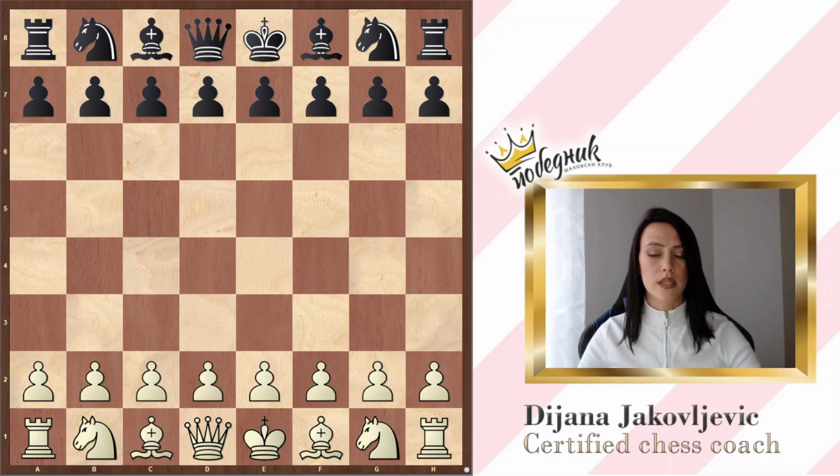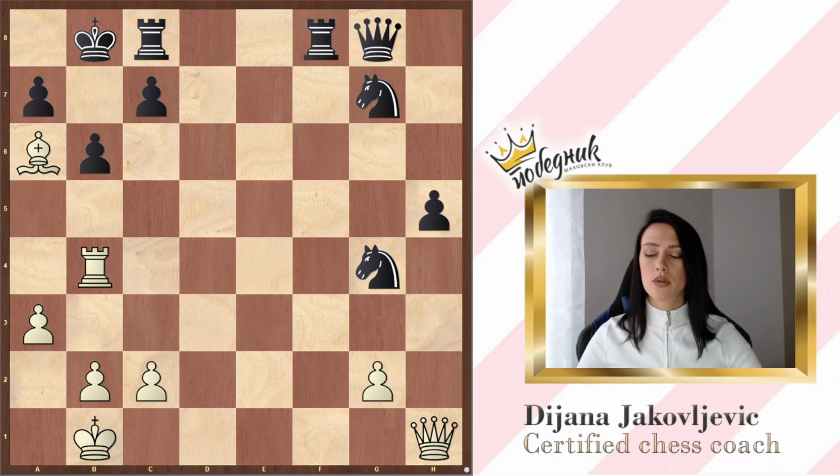So for example, we can write E4, and that means that we have moved our pawn to square E4. For example, D3, C3, C4, etc.